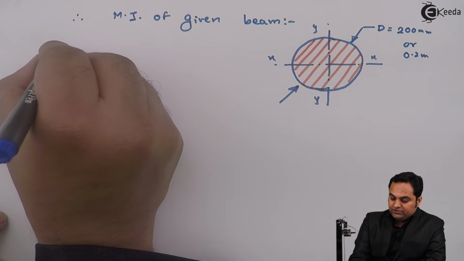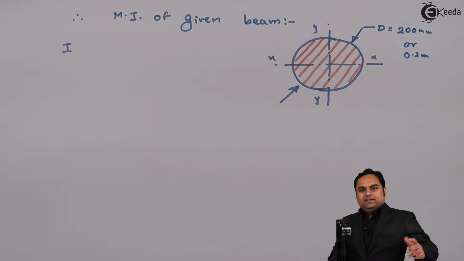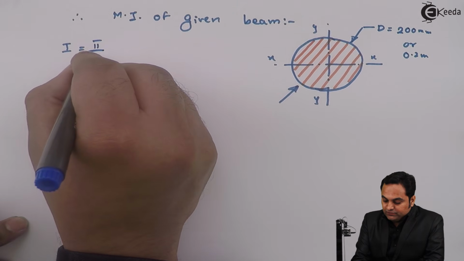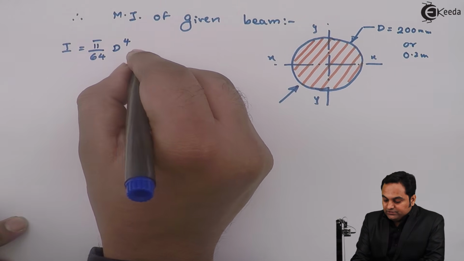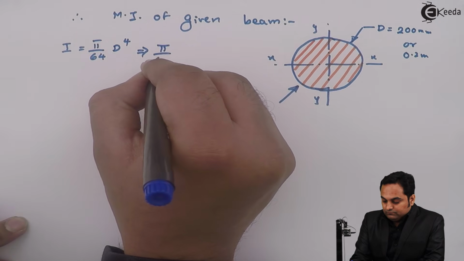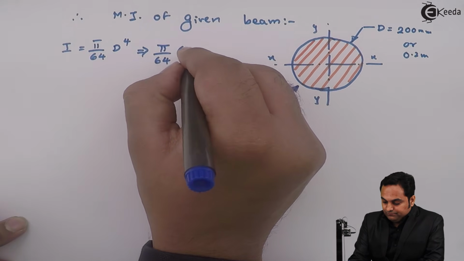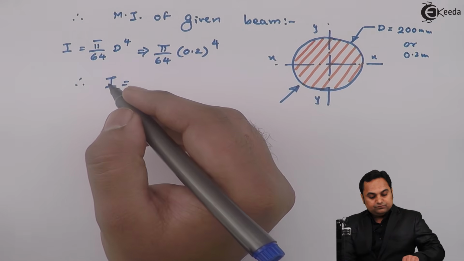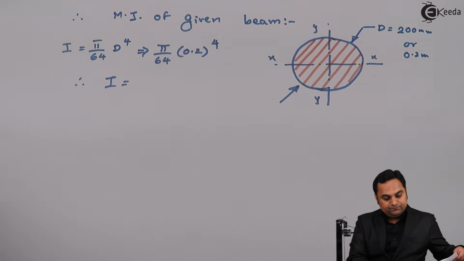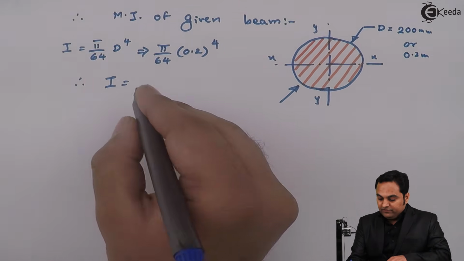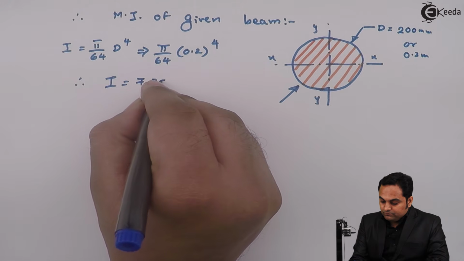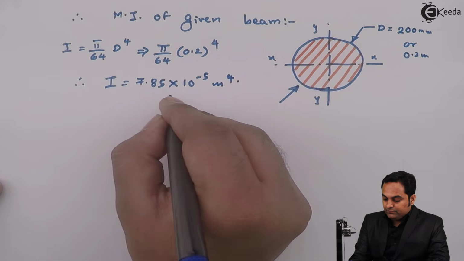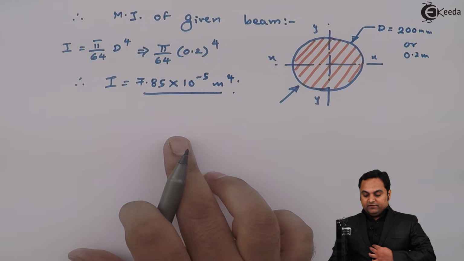Now the moment of inertia I will be equal to Ixx or Iyy, both are same. For a circular section it is pi by 64, diameter raised to 4, diameter is 0.2 raised to 4. So I value comes out to be 7.85 into 10 raised to minus 5 meter raised to 4. So here I have the value of I.